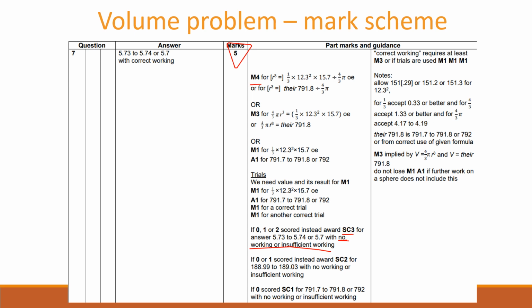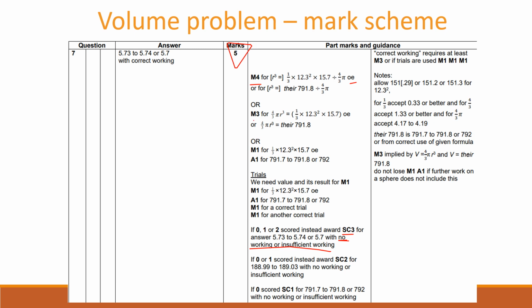For 4 marks, if you had written down the volume was 1/3 times 12.3 squared times 15.7 divided by 4 pi over 3, OE is all equivalent. Or if you came down to your r cubed value of 791.8 divided by the 4/3 of pi.